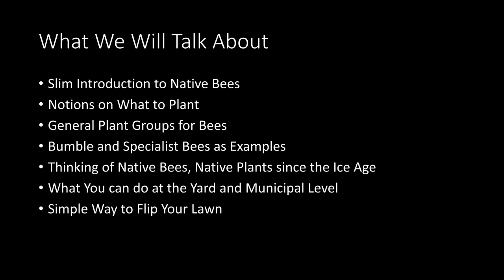A lot of you are people who plant things and have yards, so we know about what should I be planting. And there's some generalities in terms of plant groups to think about. It won't be super specific because there's a lot of things going on here. You have 250 million years of coevolution in this area, and it's very detailed.